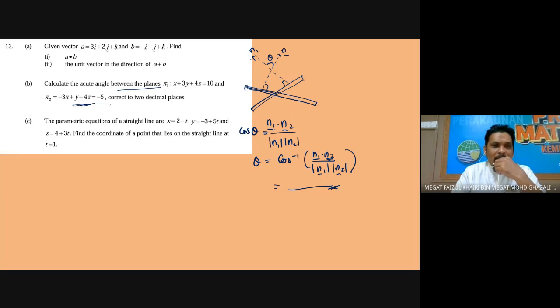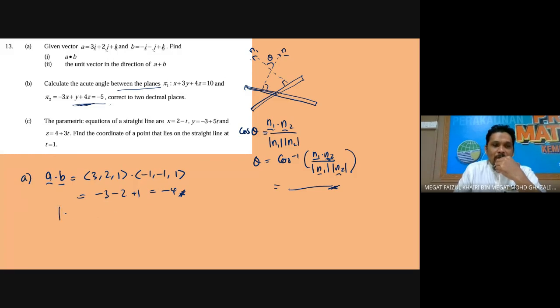And given that, for question 13A, vector A and vector B, find A dot B. A dot B equal to (3, 2, 1) dot (-1, -1, 1). Okay, this is 13A. Easy. 3 times negative 1, negative 3, minus 2, plus 1: -3, -2, -5, +1, -4.